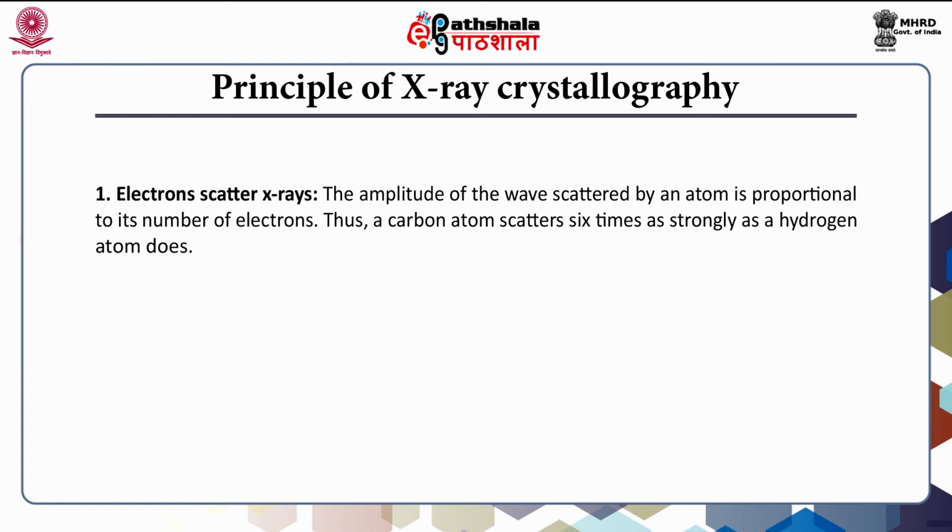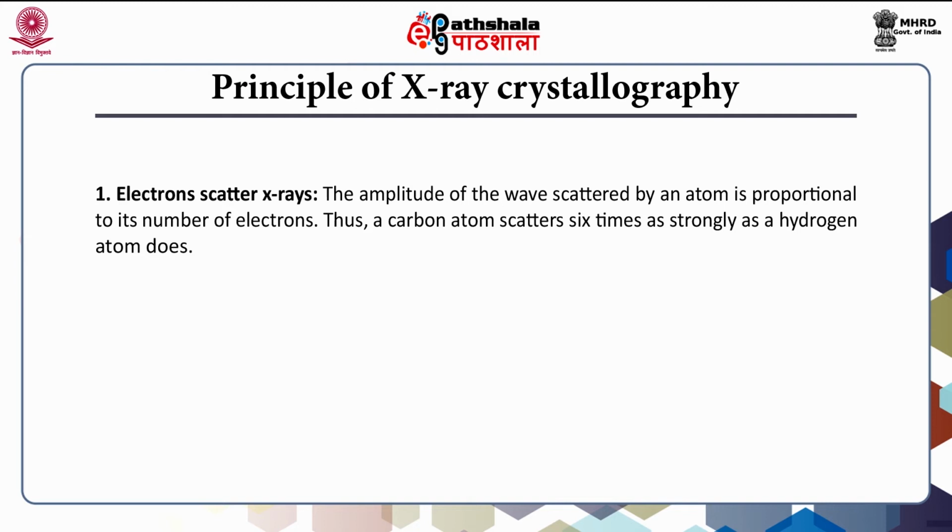These electrons get energy from the X-rays and move a little bit, and by that movement there will be wave formation, and those waves contain amplitudes. That is the principle of electrons scatter X-rays. That means when X-rays hit any atom, the electron cloud moves and creates wave-like motion, that is called electrons scatter X-rays.